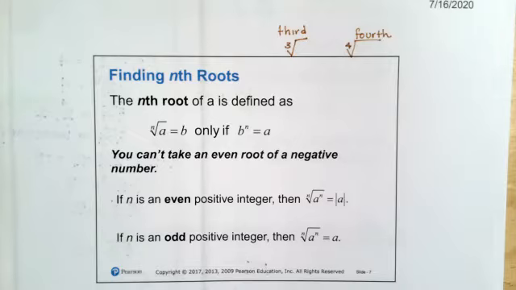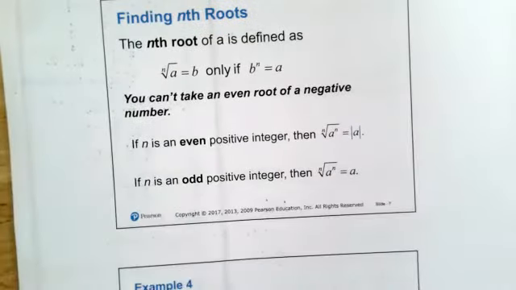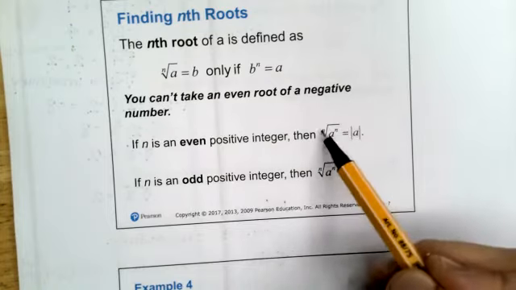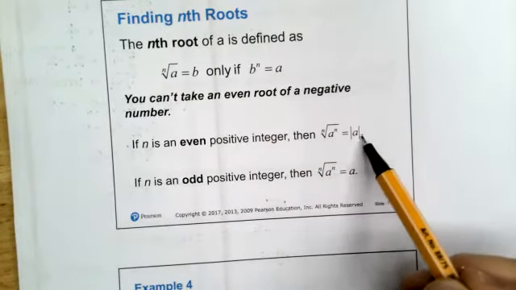You can't take an even root of a negative number. If n is an even positive integer, then the nth root of a to the nth is just the absolute value of a, but it's never going to be negative, okay?